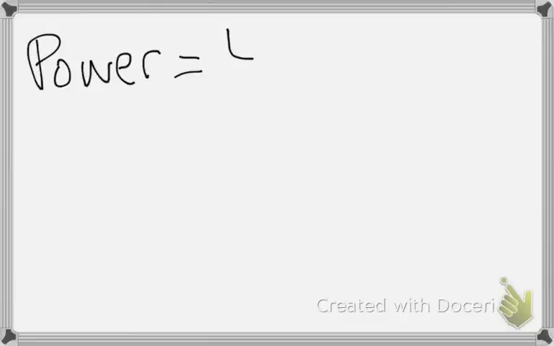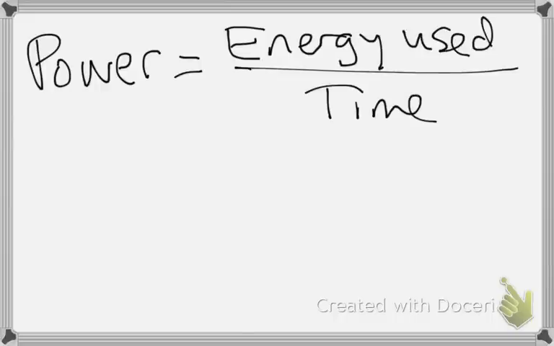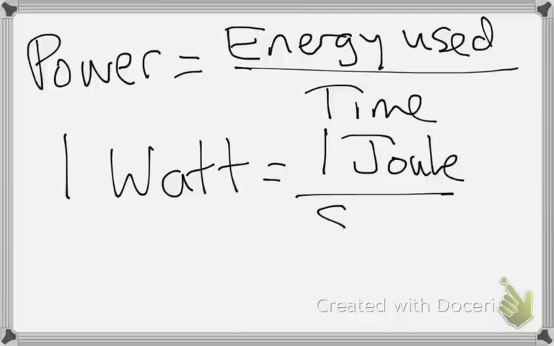So we might say power is energy used over time. Okay, and the unit of power is called the watt. So 1 watt is equal to 1 joule per second.